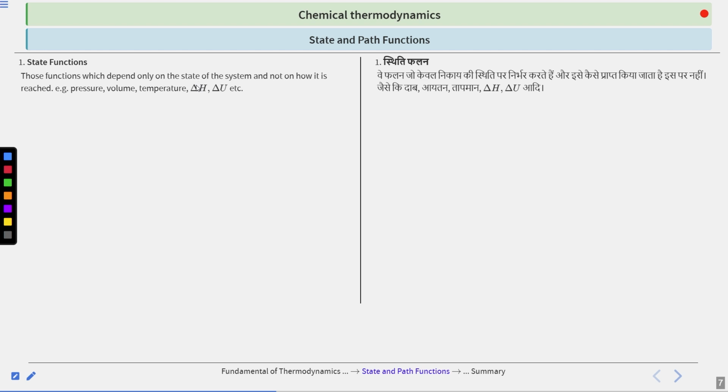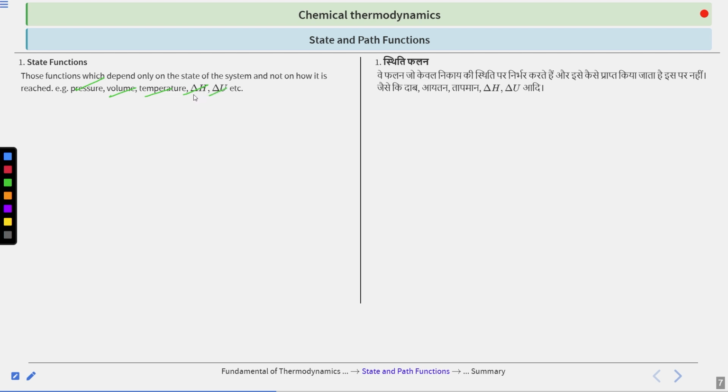Suppose you are moving from initial state 1 to a final state 2. In transitioning from state 1 to state 2, you can do it in various ways. Suppose you have an intermediate state, that is S3, or there can be a way that you go directly from S1 to S2. Now in both these cases, your values of the state function will remain the same. So those will be pressure, volume, temperature, delta H and delta U. Now what is the use of this?